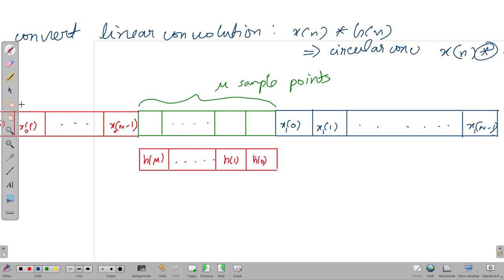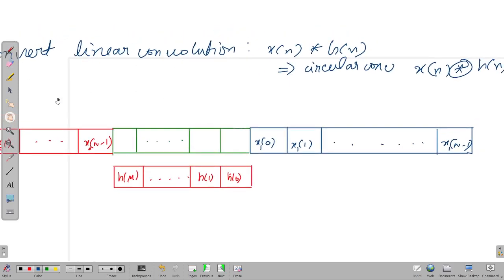So my idea is to place mu number of points from here. Okay, my idea is to place mu samples. Anyway, I have mu slots here. I will place mu sample values.